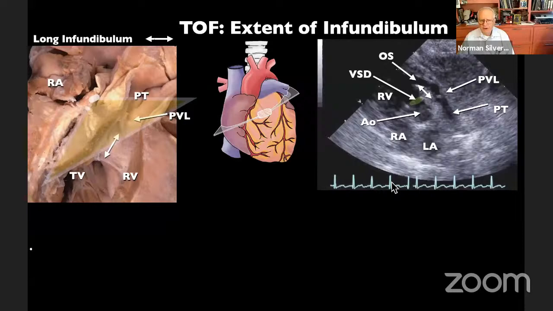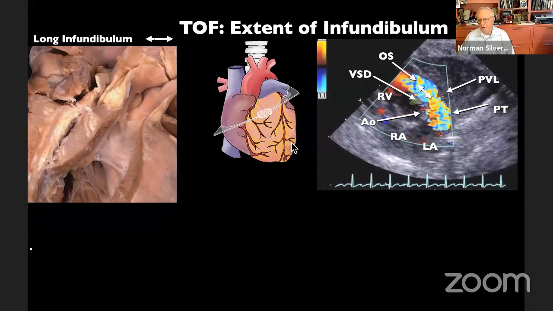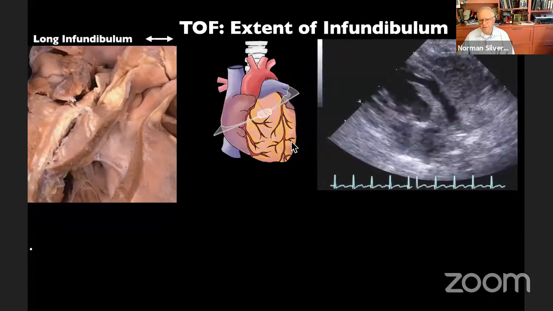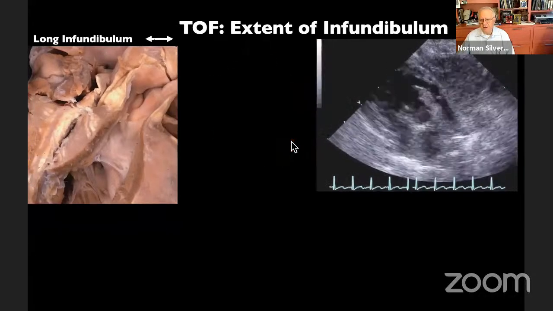Now the infundibular obstruction and its length may vary. Here is a very large area, and you can see also the scarring of the endothelium from the turbulent flow within the infundibulum that has thickened the subendocardial layer. Here's the pulmonary trunk, and here's the tricuspid valve. So a long area of extent, as you see here on the echo. I think this is really kind of self-evident and really not of great importance, but you can identify that.